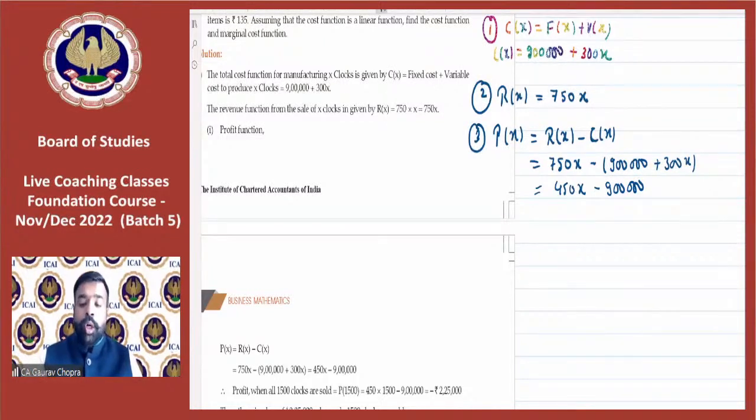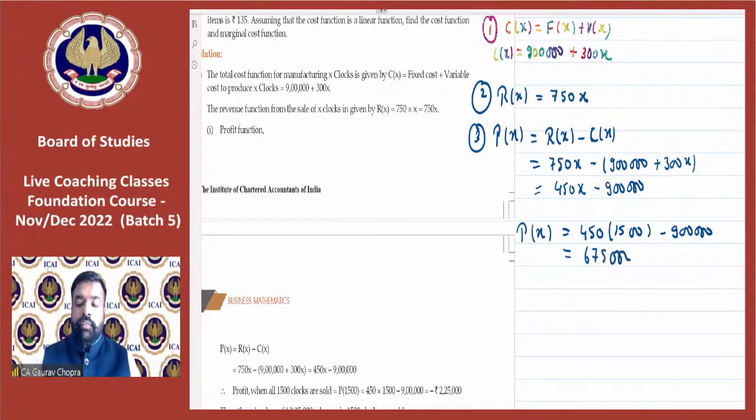Now, how much profit or loss will the company incur in first month? So we can input the value of x. So x will be 1500. So 450 into 1500 is how much? Let's calculate. It will be around 6,75,000 minus 9 lakh.